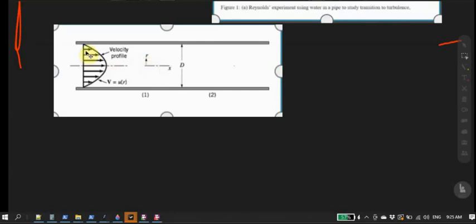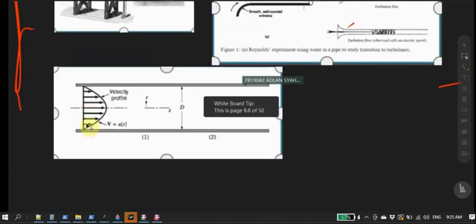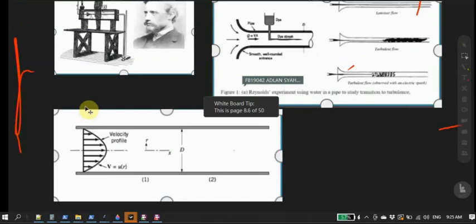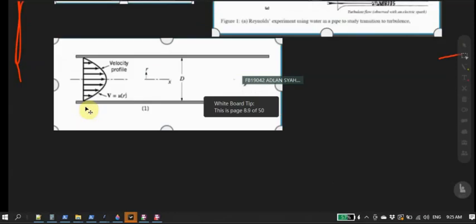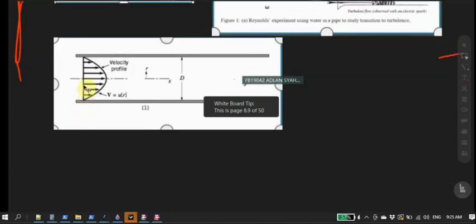So if you recall back on dynamics for velocity vectors, the origin of the vector is placed on the particles, right?